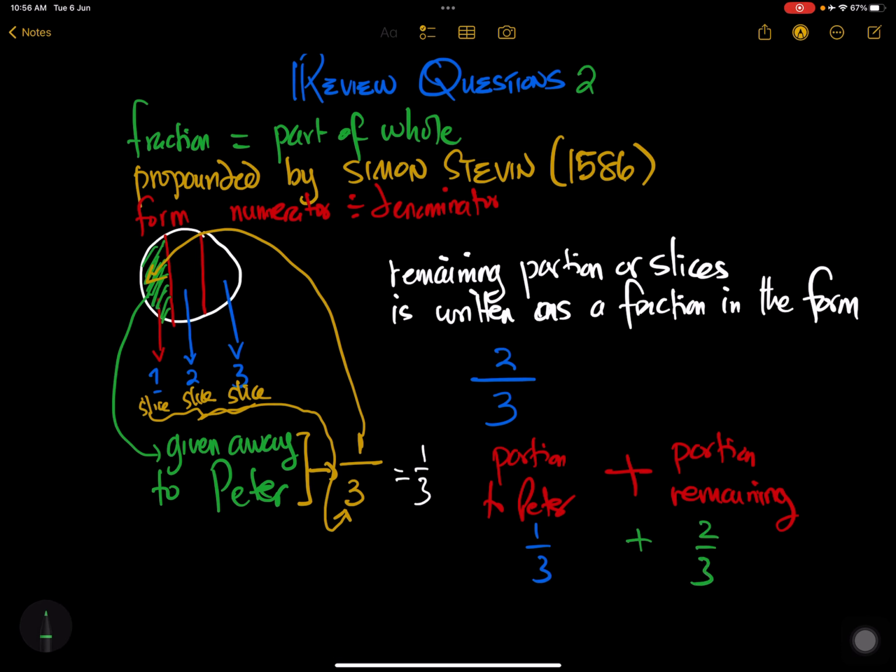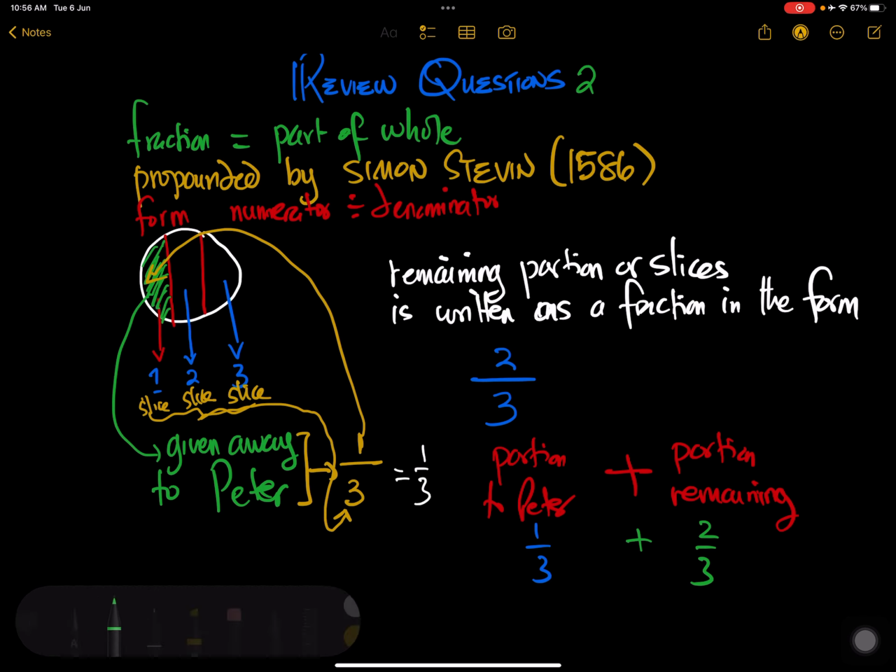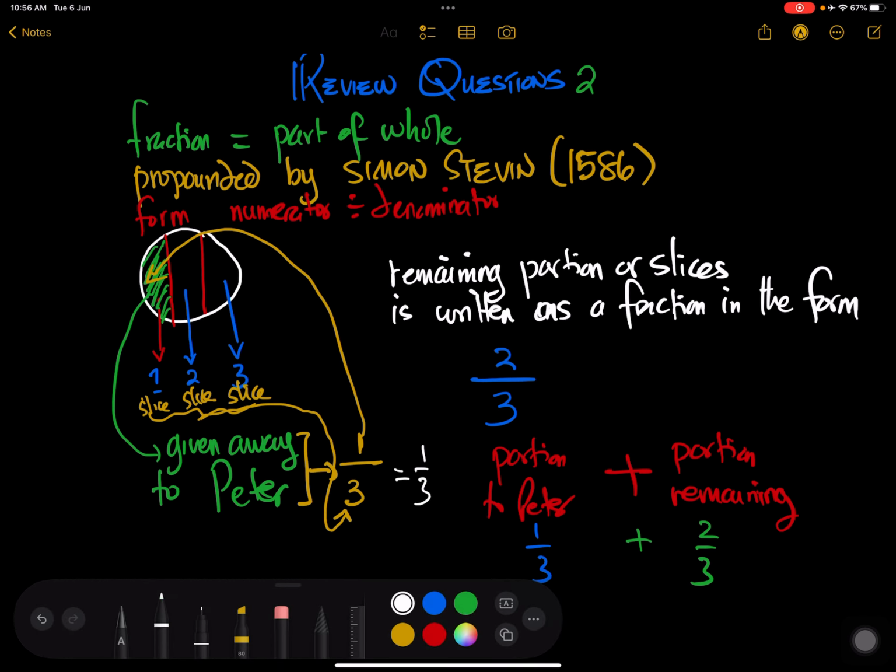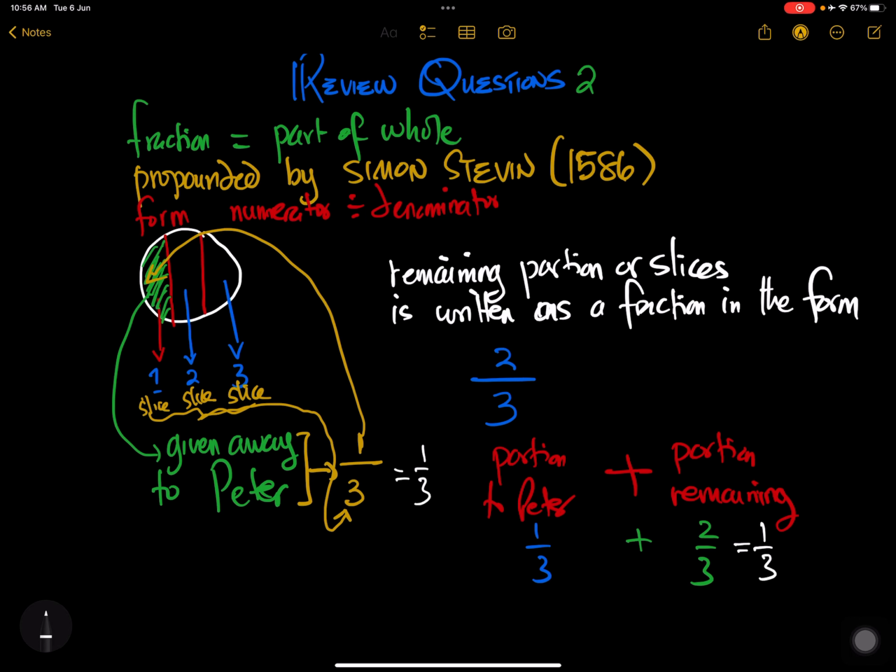And don't forget, when we're talking about addition of fractions, now we have 1 over 3 plus 2 over 3. What did we say we're going to do? We multiply this by that and we get 3. We also multiply this by that and we get 6. And we divide by the multiplication of 3 by 3, which is 9. That means we are going to get 9 over 9. And 9 over 9 is the same as 1, which is the whole that we had from the beginning. I hope this helps.